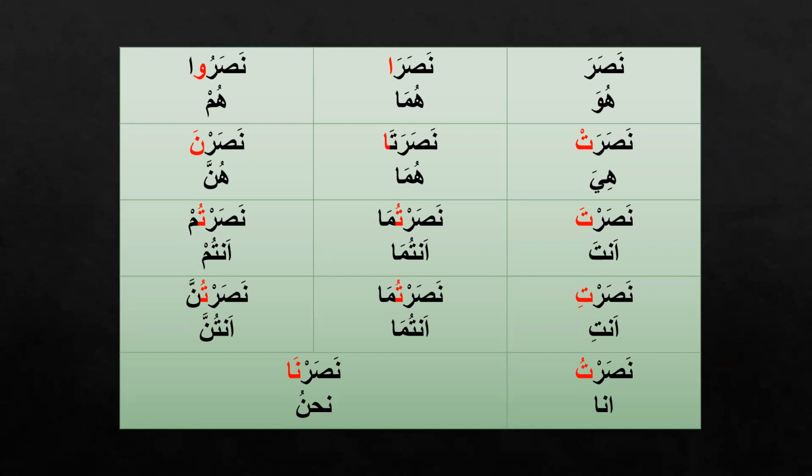So you can see Huwa is the pronoun inside it, but you cannot see it, right? You cannot see it, but you know that Nasara means he helped. That means Huwa is inside it. I am mentioning this because it is quite an advanced term: sometimes you will learn in the future that the pronoun inside it is called Damir Mustatir, the hidden Damir.